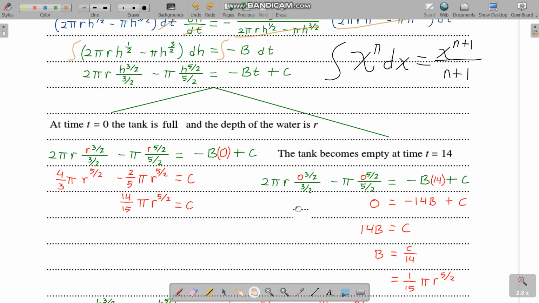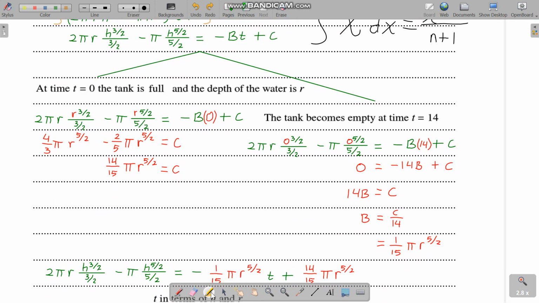And from the second piece of information in the question, empty means the volume is 0 and the height of the water is 0, so h is 0. We replace the h with 0 and the t with 14. 0 to the power of whatever is 0, divided by this is 0, and we only have 0 equals minus 14b plus c, so c is 14b.